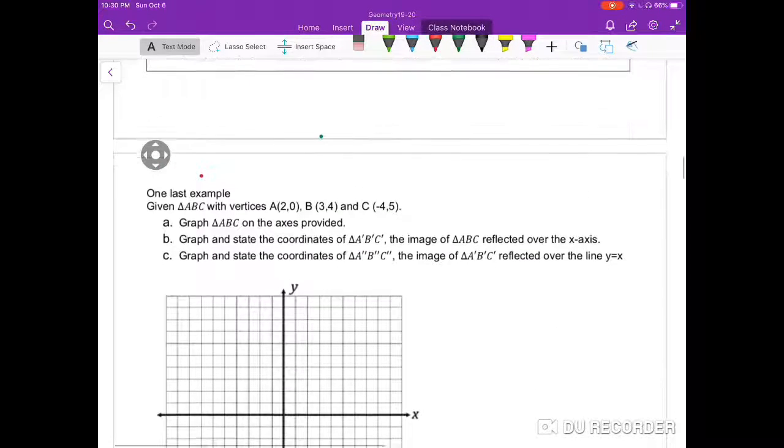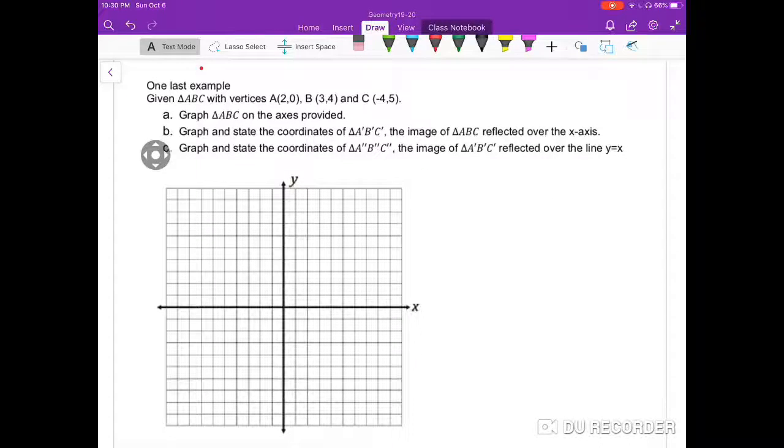All right, so our last example, this is probably what it's going to look like either on your mastery check or on a test. All right, so given triangle ABC with vertices A, B, and C, first step here is graph triangle ABC.